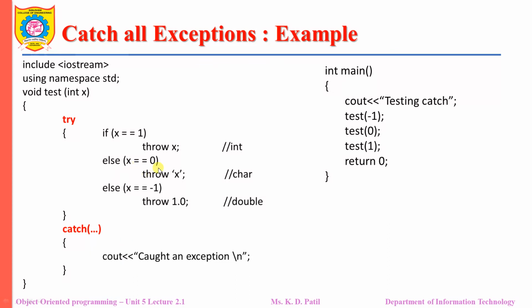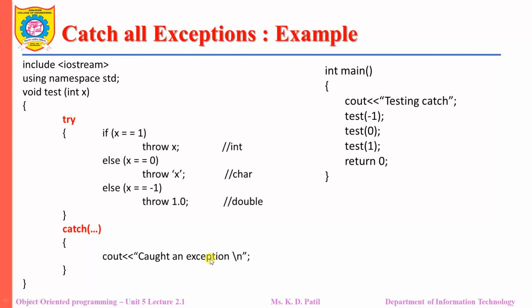When x is equal to 0, that is throwing a character, then again this catch statement will be executed. And if x is equal to -1, that means we throw a double, then again this catch statement will be executed. That means for all the exceptions I have a common catch statement, that is caught an exception.